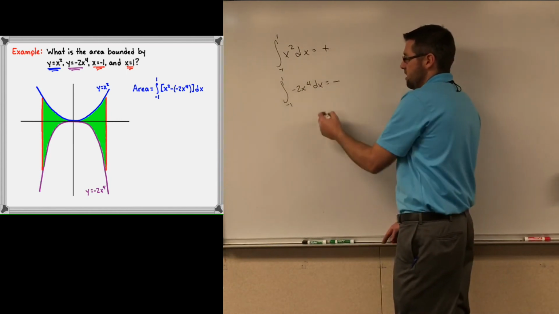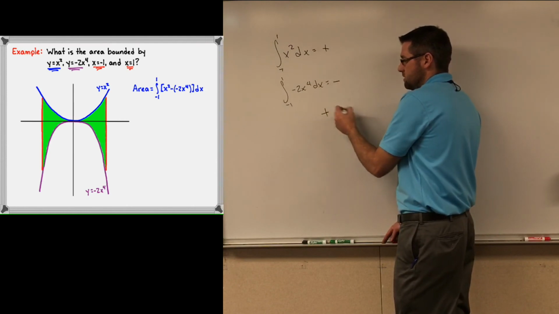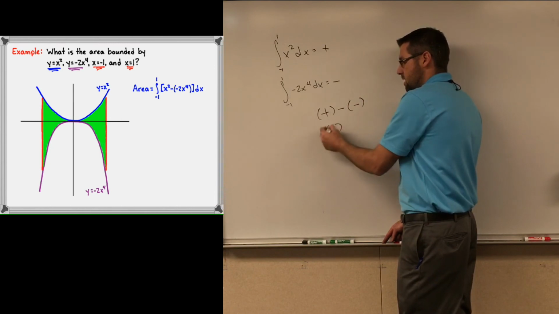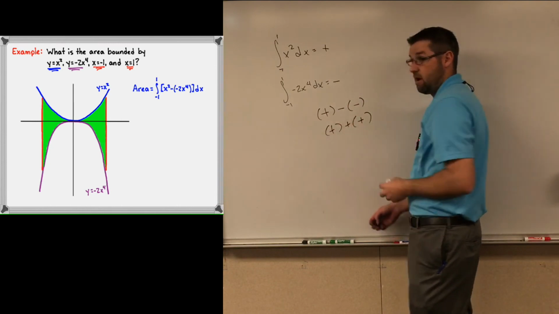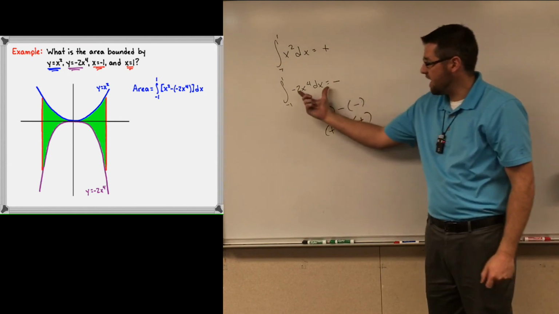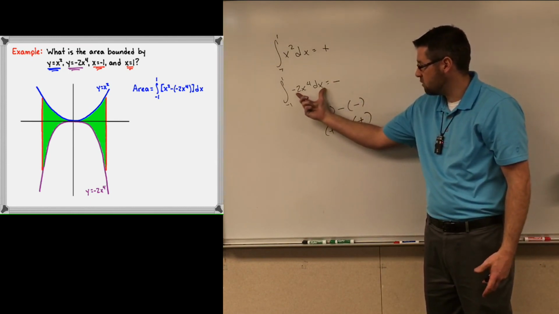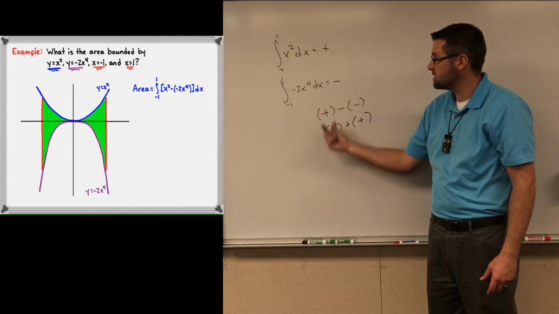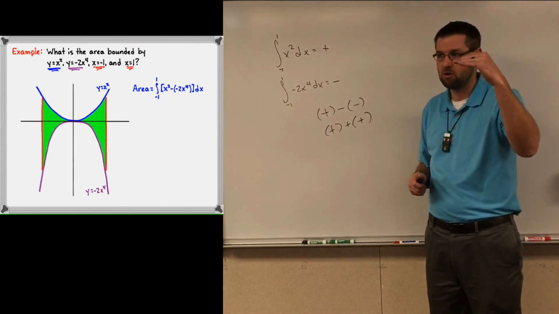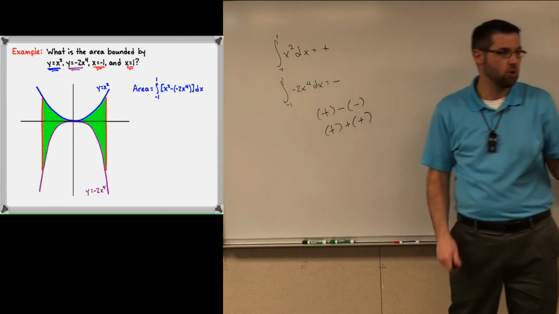Well, if I say a positive minus a negative, what am I doing? I'm adding the areas, right? So this area kind of becomes positive, so we're finding the area here. We want the positive value of that area, and we're adding it to the positive value of that area. So you don't have to worry about the signs. It's just always the upper curve minus the lower curve, no matter where the curves are.